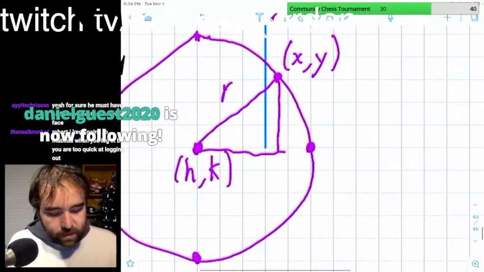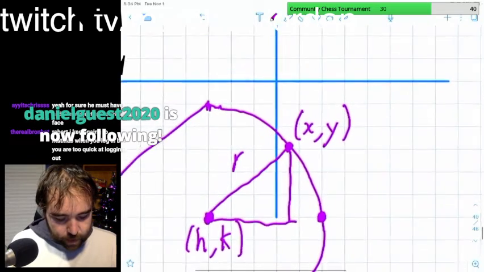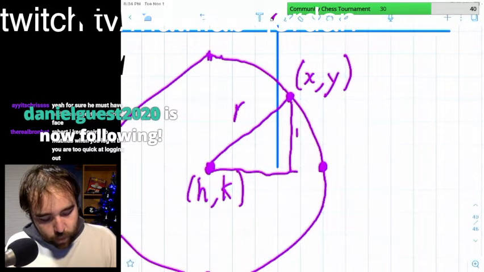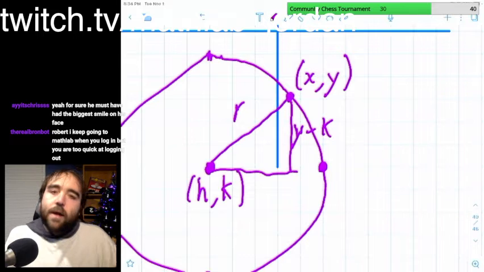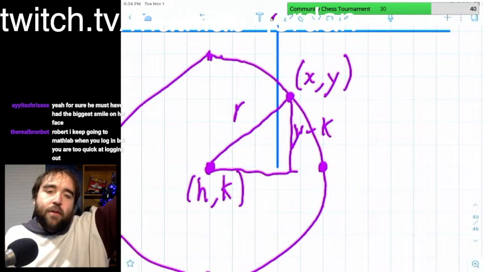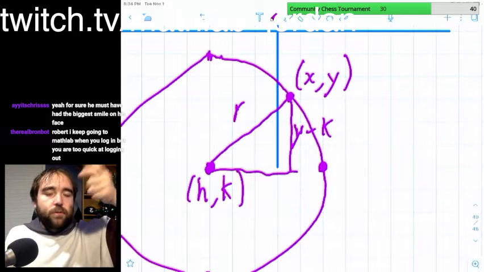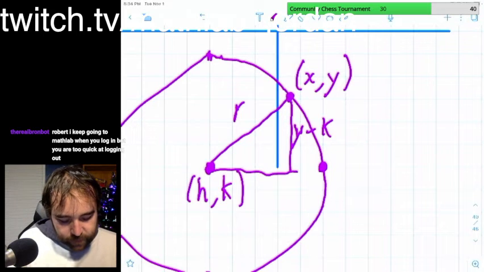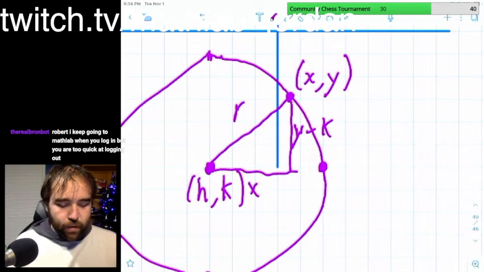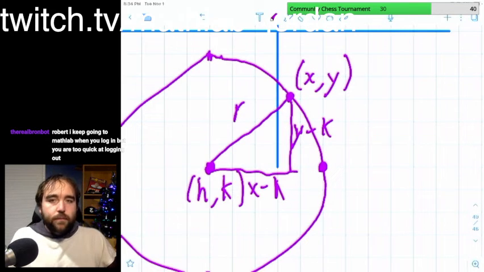Well, like we did when we did the distance formula, we can say that this vertical distance right here is going to be whatever that y value is minus whatever that k value is, right? Because that's the vertical distance. You're going from how high the point on the circle is down to how high the center is. So you subtract those, you get the difference. That's your height. Same with the x. This x distance is whatever that x coordinate is minus whatever that h coordinate is.